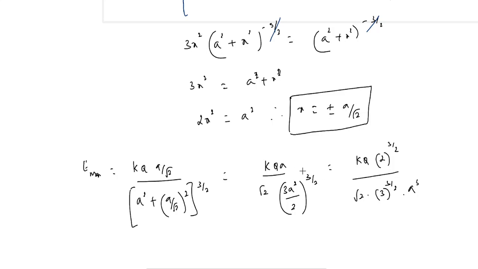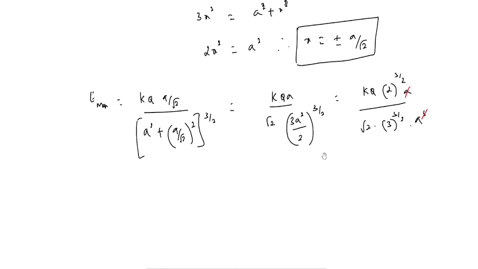There is a here, there is a here also. So this a and this one term gets cancelled, and also from here you can cancel root 2. Root 2 with this 2 gets cancelled. So what remains would be E maximum is equal to 2 k q by 3 root 3 a square.